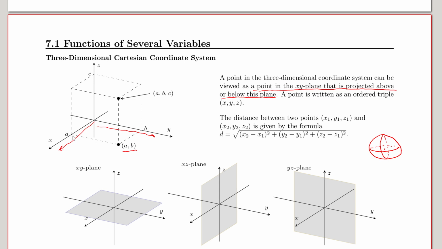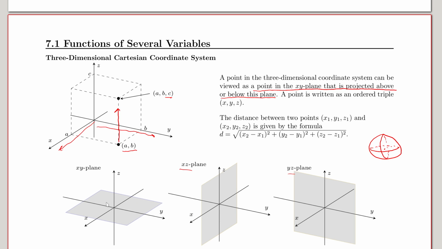So the idea is you have a point in the plane that is being projected up to a height of c, or down. It could be down below. Okay, so if you look at the 3 pictures here, now we've got different planes. We've got the xy plane, the xz plane, and the yz plane. It's even hard in 2 dimensions to make a plane look correct, but you can kind of see what's going on.